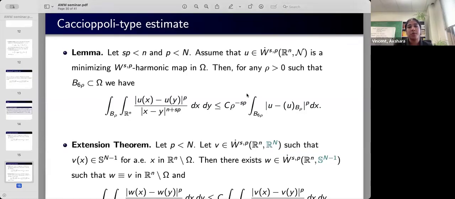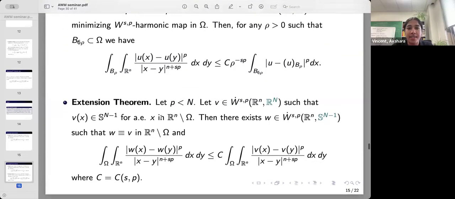For proving the Caccioppoli estimate, we need something called the extension theorem, because we are going to multiply the minimizer with cutoff functions that will take the function out of the manifold. So we have to bring it back to the manifold, and we use an extension theorem to do that. Suppose you have a function which takes values in R^n, or Euclidean space, such that it belongs to the manifold outside the domain omega.